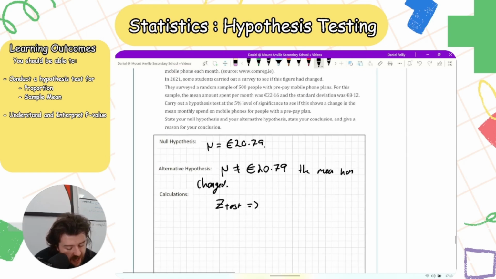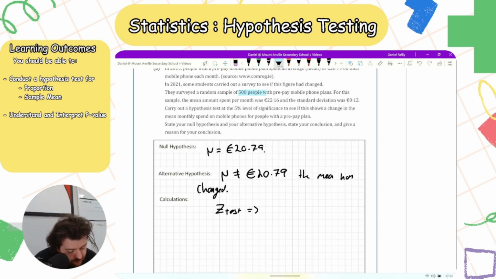In a sample of 500 people, the mean amount spent was 22.16. So x hat is equal to 22.16. Standard deviation is 8.12, and the sample size was 500. And the population mean is 20.79.